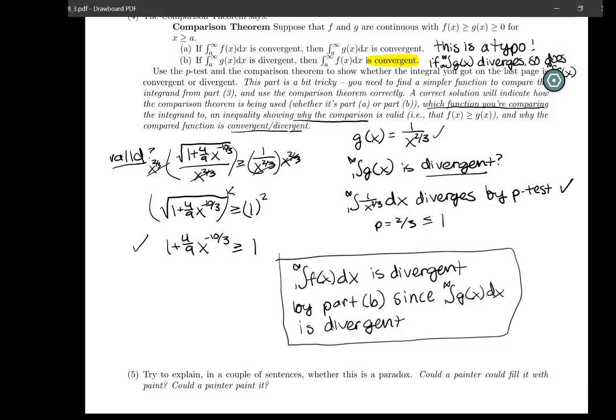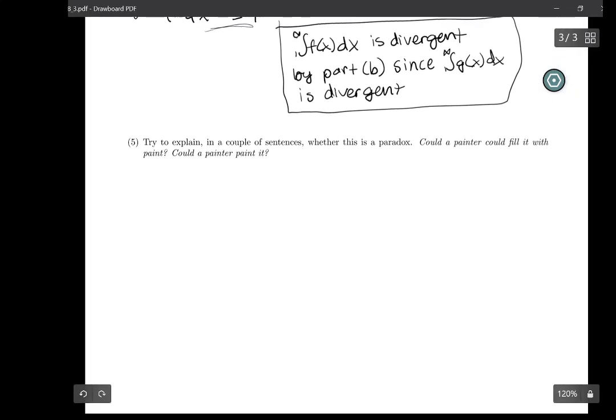So g of x is smaller, right here. G of x diverges over here. So by part B, the integral from 1 to infinity of f of x must also be divergent.